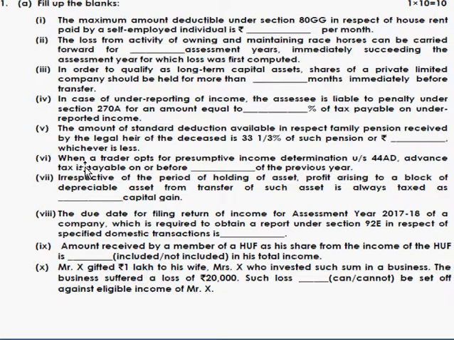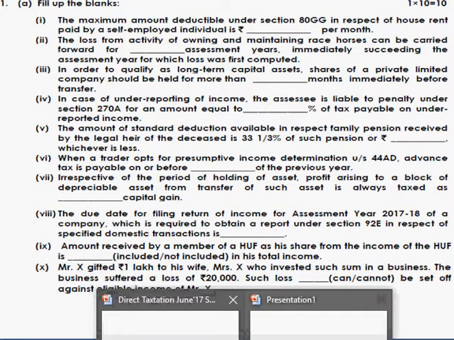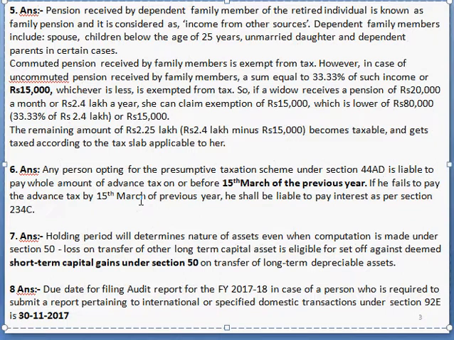Now the question is, when a trader opts for presumptive income determination under section 44AD, advance tax is payable on or before what date of the previous year? If we want to make the advance payment, and for those who have a liability of 10,000 or more, which makes advance tax compulsory, it will be on or before 15th March of the previous year.